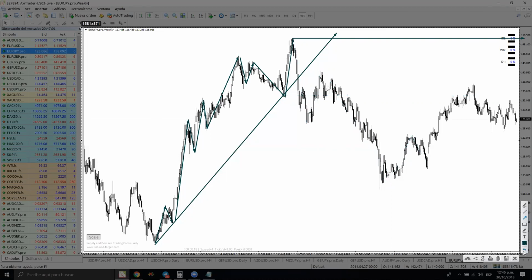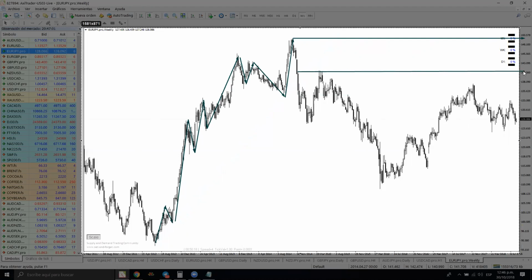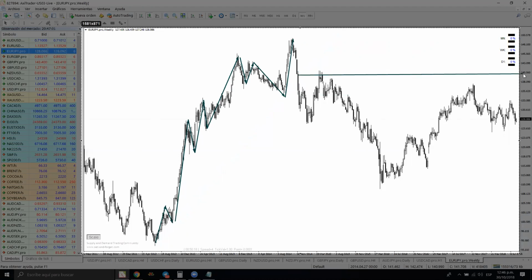How do I know that we continue the downtrend, and that the price moving is not an uptrend or a change of direction? Because the only way the market shifts or changes direction is when this point, I'm going to remove it, okay, this point, this is the higher low, is broken. At that time the market changes direction.